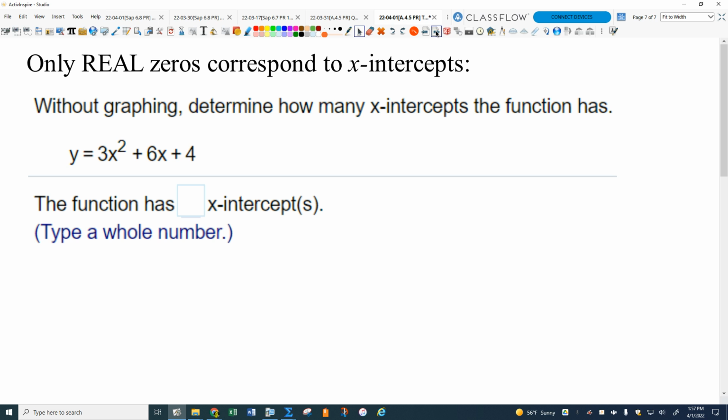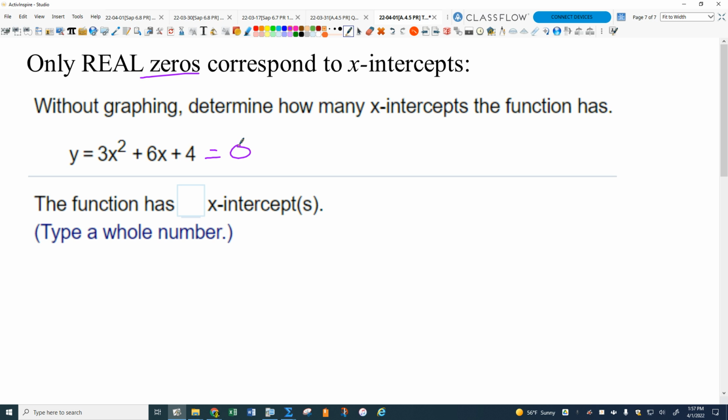This is a really simple question if you remember 2 important facts. One of them is that we only count the real zeros of a function. What do we mean by zeros? The zeros of a function are the values when the function is set equal to 0. They're the values that make the function equal to 0, right?